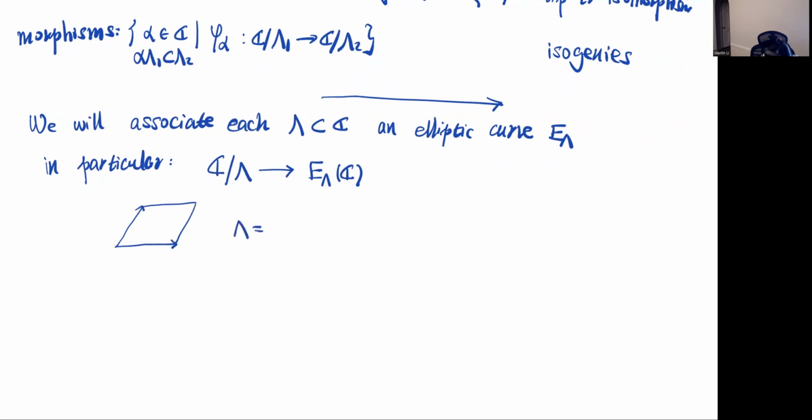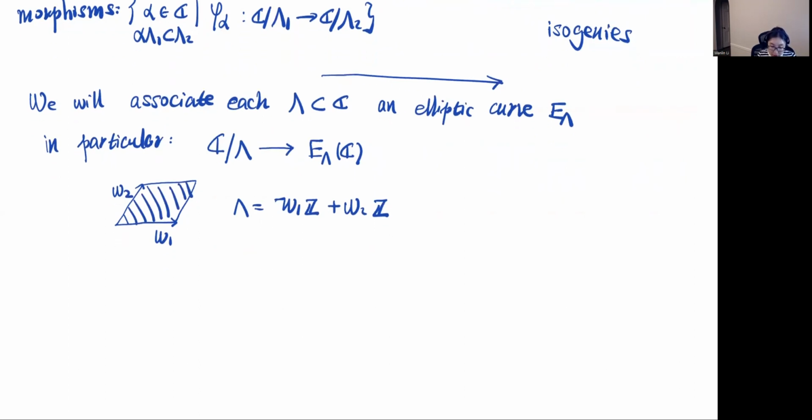Let's say my lambda is given by omega 1 Z plus omega 2 Z, with this being omega 1 and this omega 2. Then C mod lambda is essentially the points on this parallelogram, and I want to associate to each point on this parallelogram a complex point of some elliptic curve. So this is our goal.